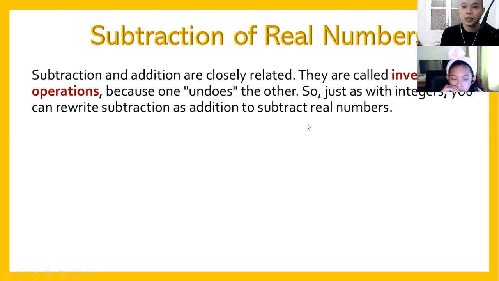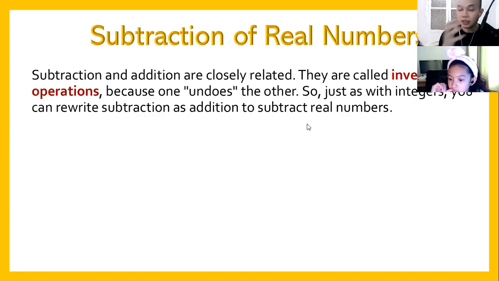As you can see here, subtraction and addition are closely related. They are called inverse operations. Why? Because one undoes the other.